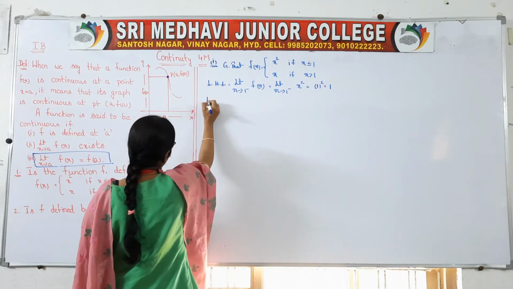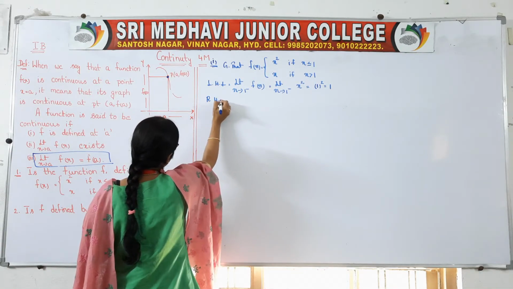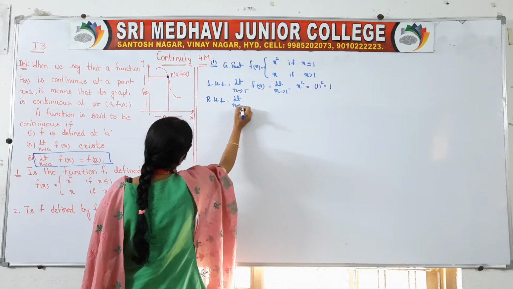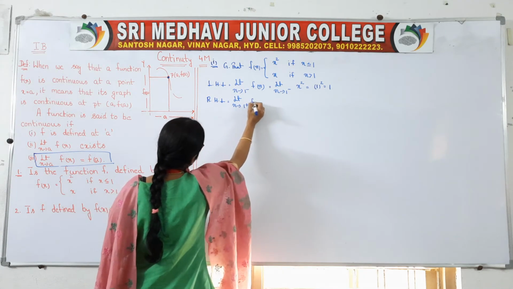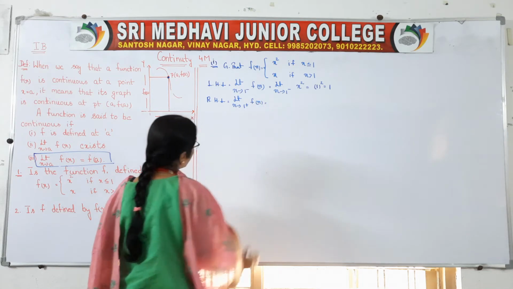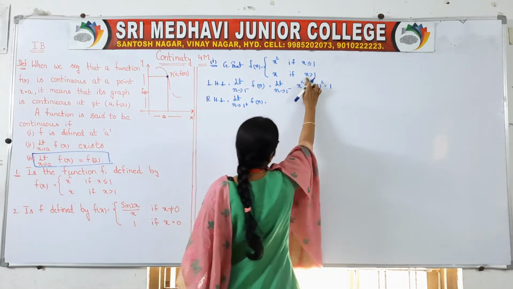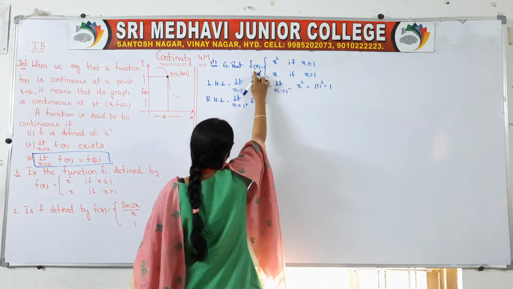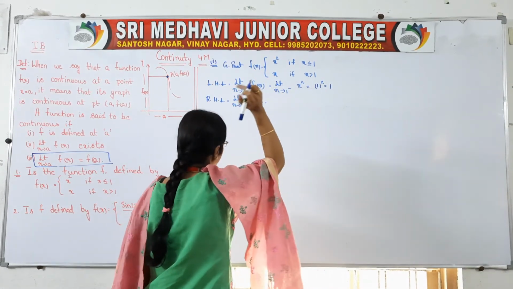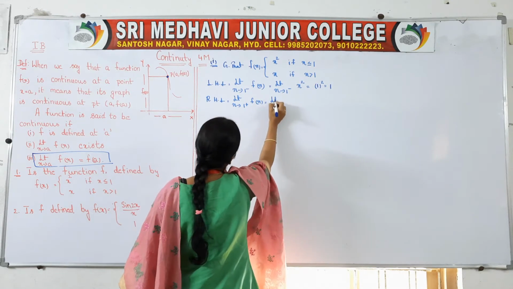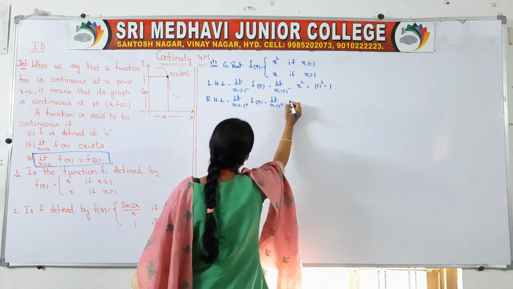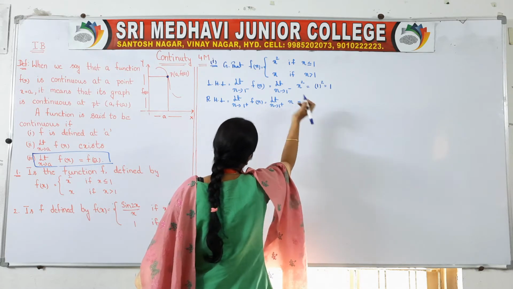Next, you take the right hand limit. So right hand limit is equal to limit x tends to 1 plus f of x. Okay, if x value is greater than 1, the function is defined as f of x equal to x, right? So we will write limit x tends to 1 plus f of x, and the value is x.